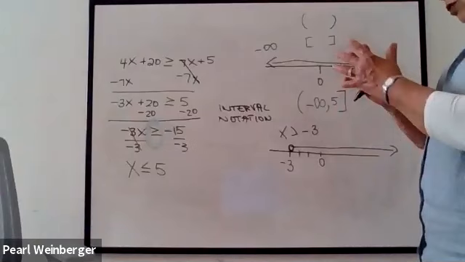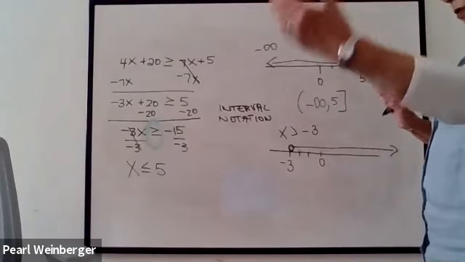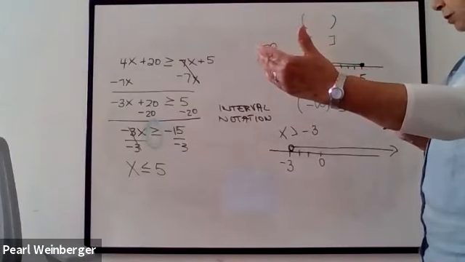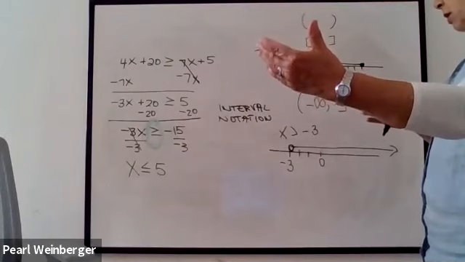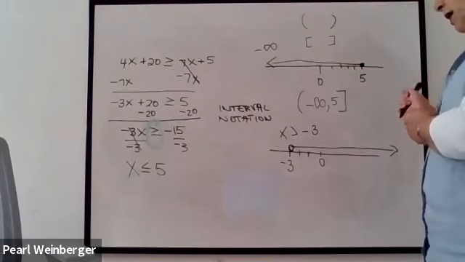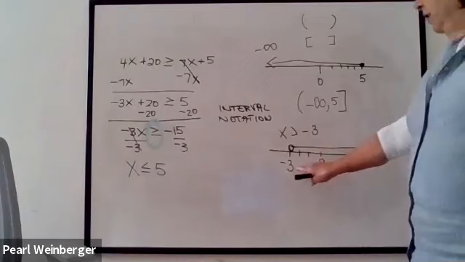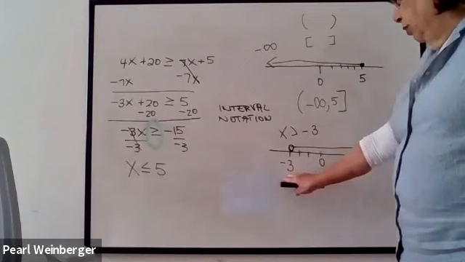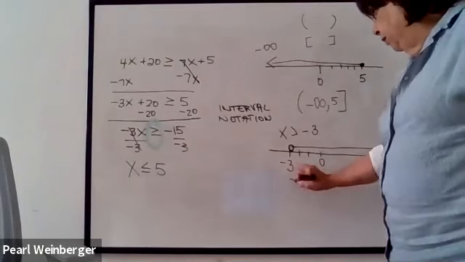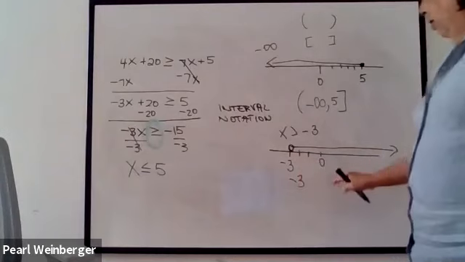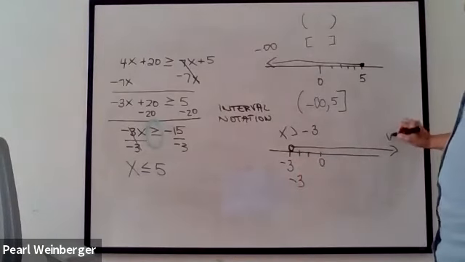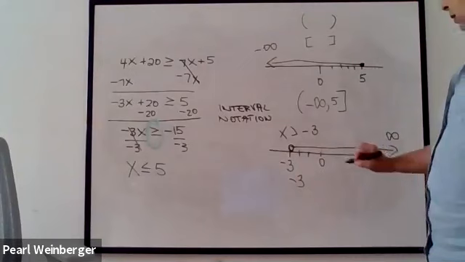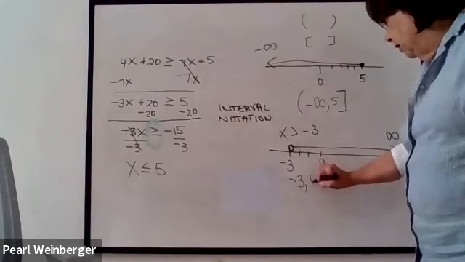Well, remember, we always start on the left as our first number, even if it's an infinity, and the right is the ending number. In this case, the number that's all the way to the left is negative 3. The number that's all the way to the right, well, it's going on and on and on, so it's positive infinity.